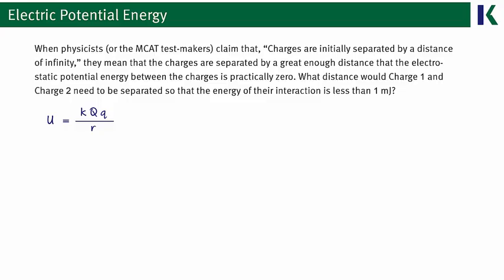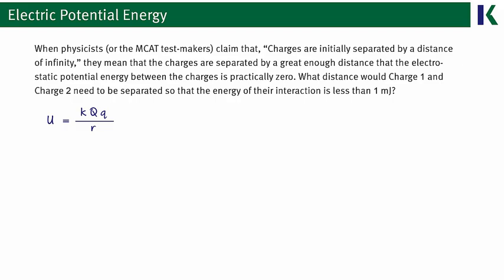When a physicist says that two particles are infinitely far apart, what she means is that the particles are far enough apart in the real world that their energy rounds down to zero. For example, in this question, the final energies are going to be in the range of dozens of joules. So we can start with the particles far enough apart so that their energy is equal to 1 millijoule.